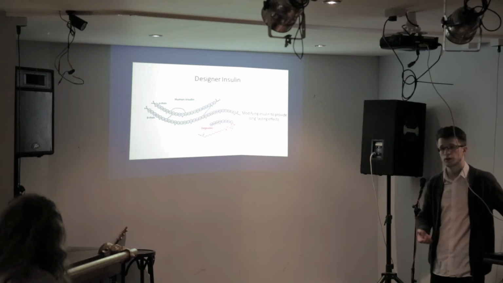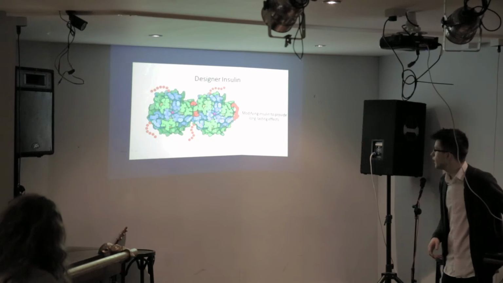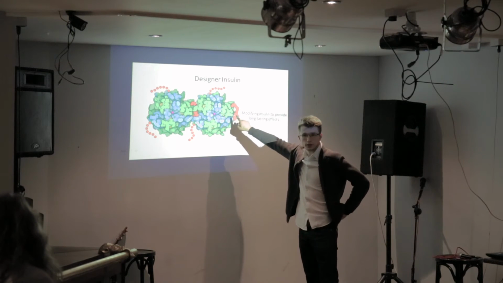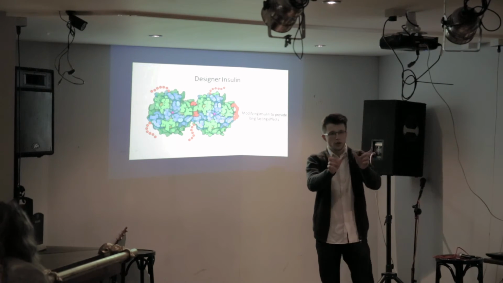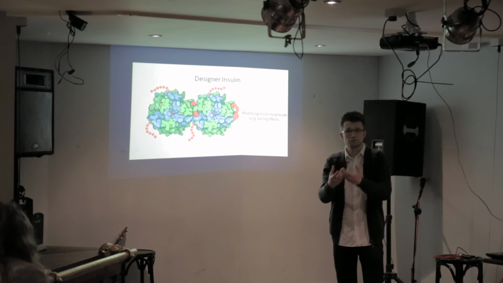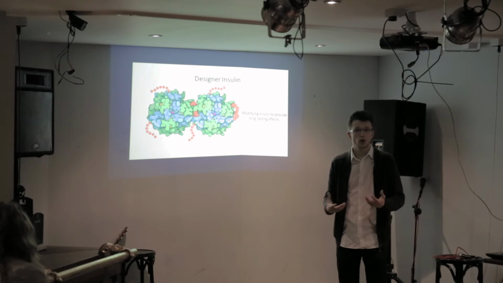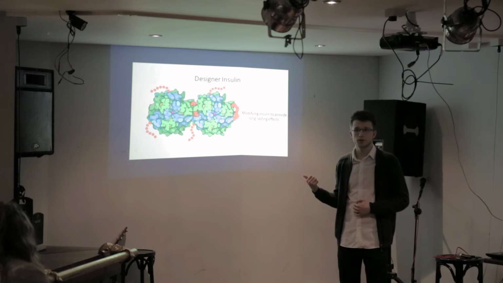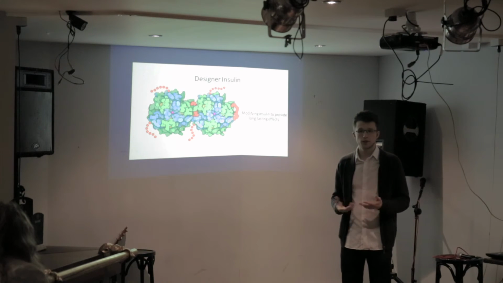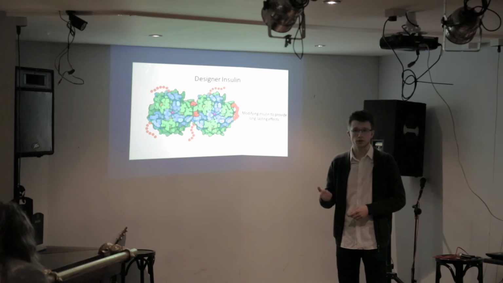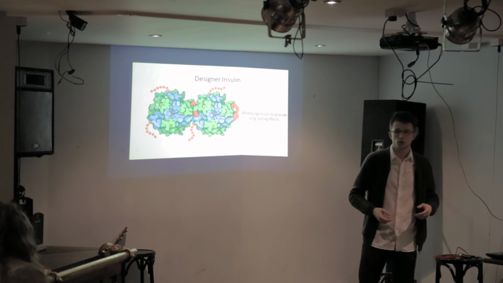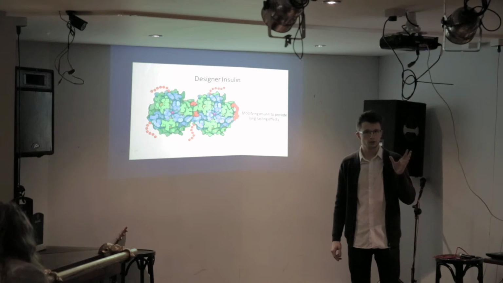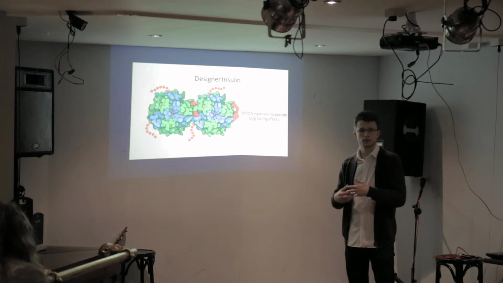They synthesized the insulin, they solved the crystal structure for it, and what you can see now is that the molecular glue is placed between the two 6-membered units, and this provided a long-lasting effect. Now this drug, called Tresiba, was approved by the FDA last year, and is being used as a long-lasting insulin injection, given subcutaneously.